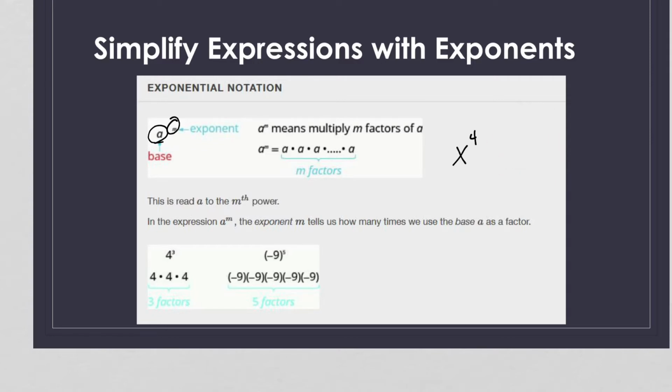So what does x to the fourth mean? It means your base times itself that many times. So x times x times x times x. And let's say that you have a variable, like in this case, a to the m, that is a to the mth power.